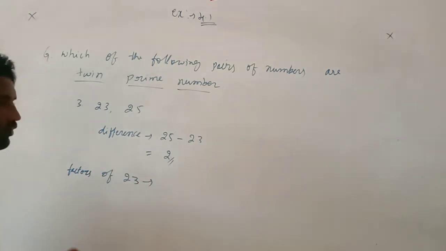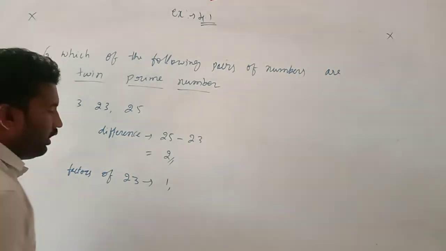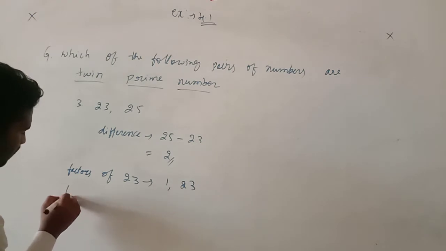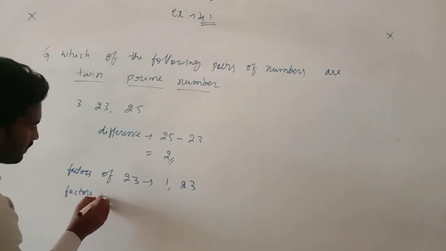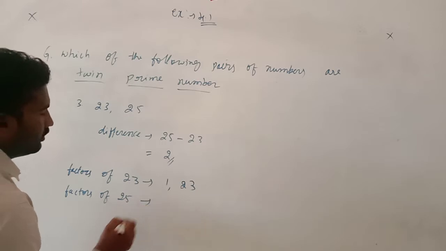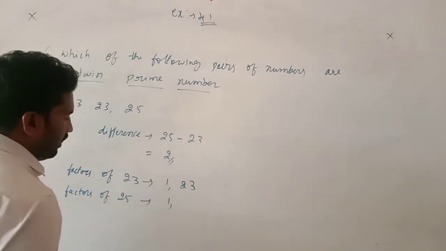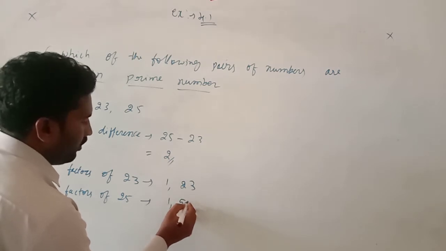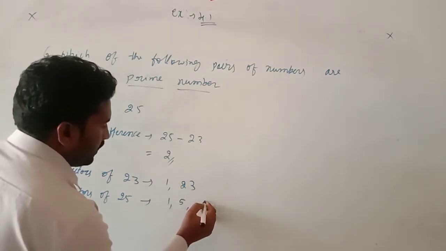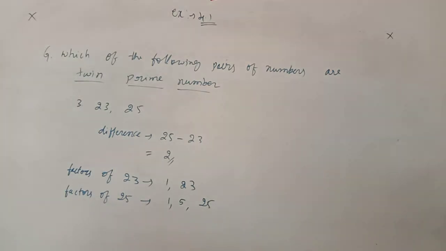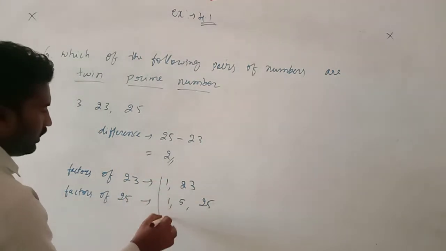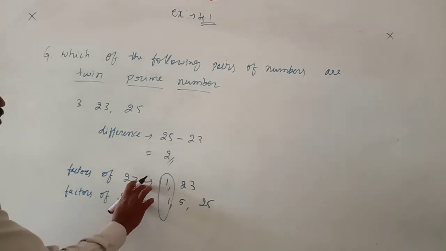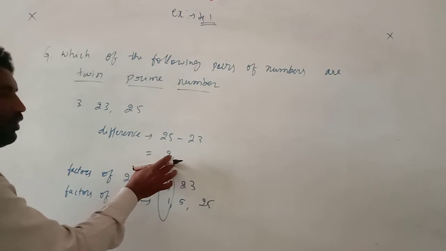What are the factors of 23? It will divide by 1 and 23 only. What are the factors of 25? It can divide by 1, 5, and 25. What is common here? 1 is the common factor. So it is co-prime and the difference is 2 also.